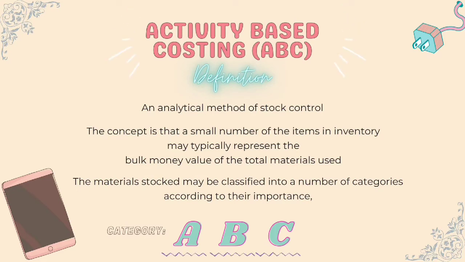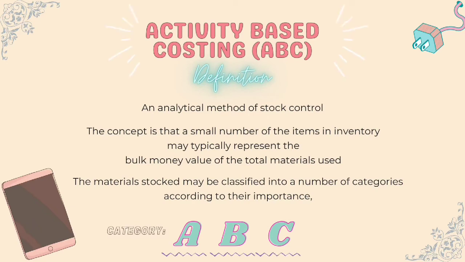The concept is that a small number of the items in inventory may typically represent the bulk money value of the total materials we'll use in production process, while a relatively large number of items may represent a small portion of the money value of store use, resulting in a small number of items that can be subjected to a greater degree of continuous control.